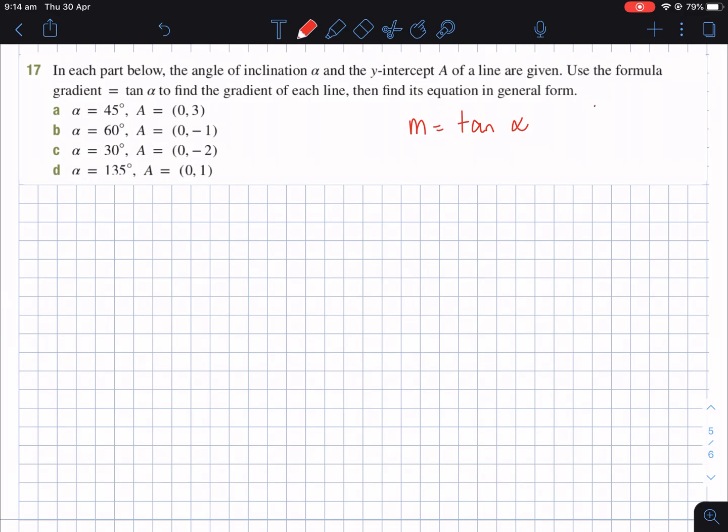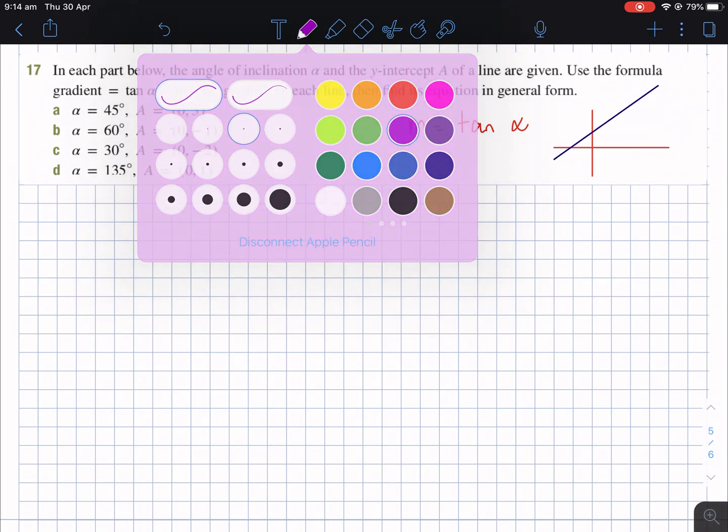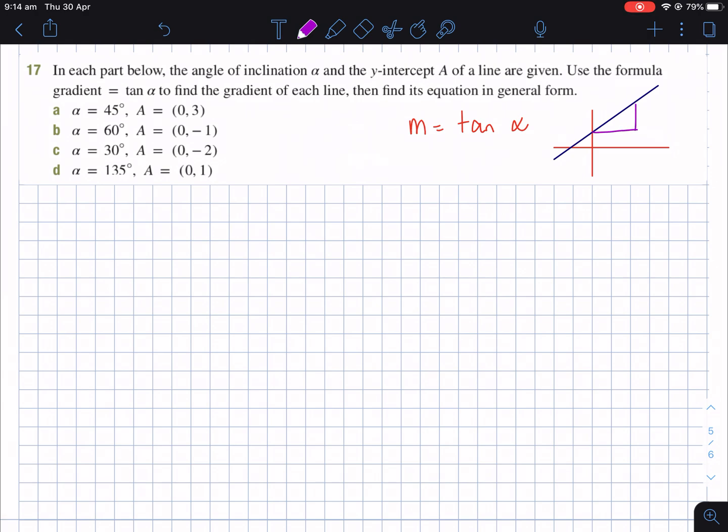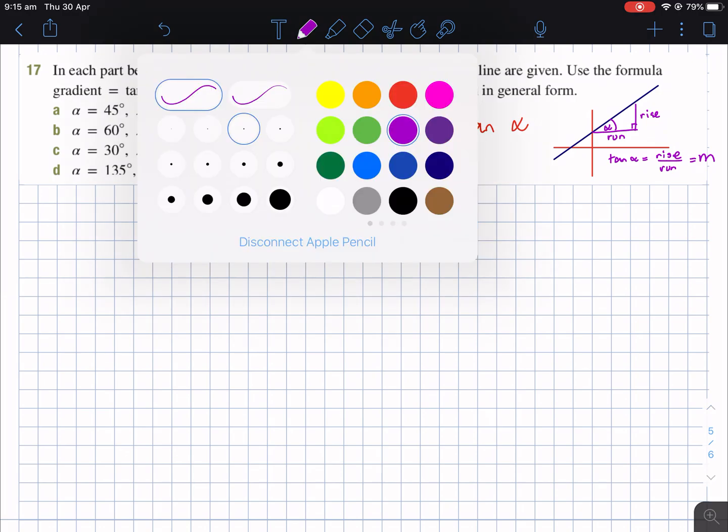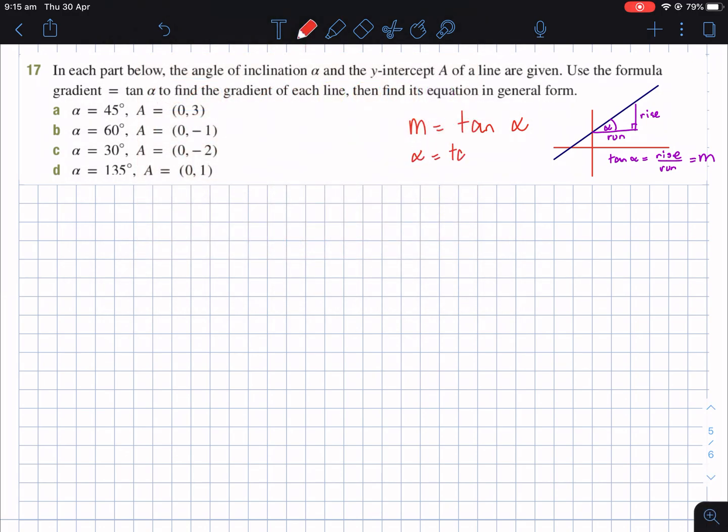That was because if we had a straight line going like that, and we drew a right angle triangle under it, and this is the angle of inclination, the angle at which the line's going up, and the adjacent side is run and the opposite side is rise, then tan alpha is rise over run, which is the same as the gradient. So to find alpha, all we have to do is take the arctan.